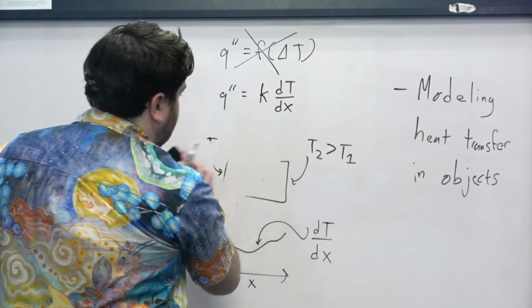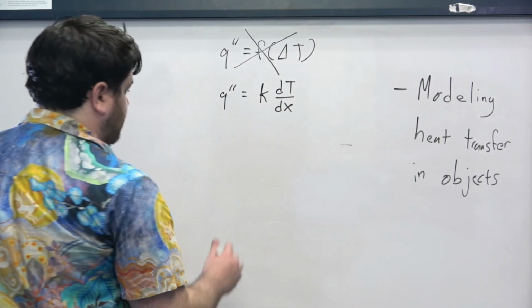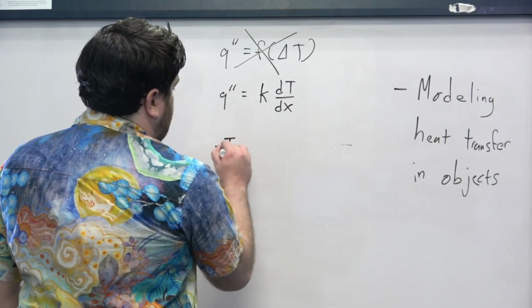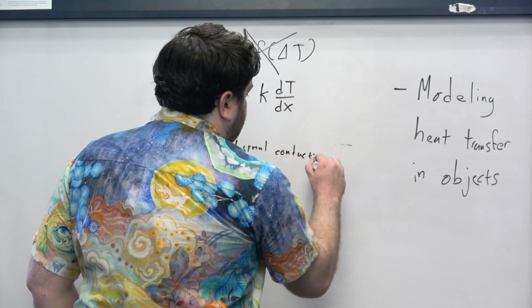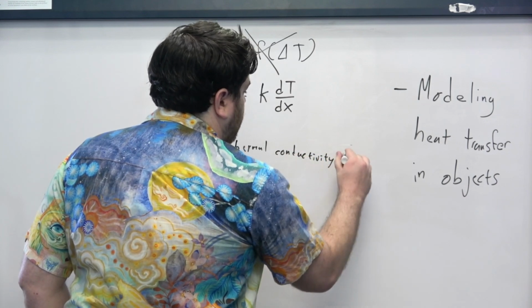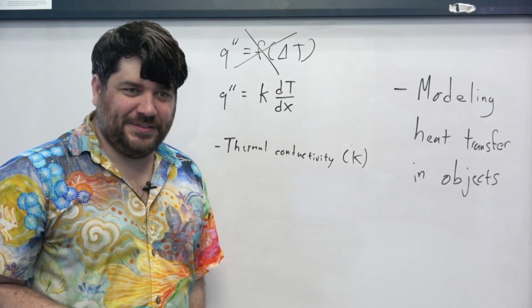So let me write this down over here to make it clear that we have now created this other fundamental property that we need to consider in the study of heat transfer, which is the thermal conductivity k. All right?